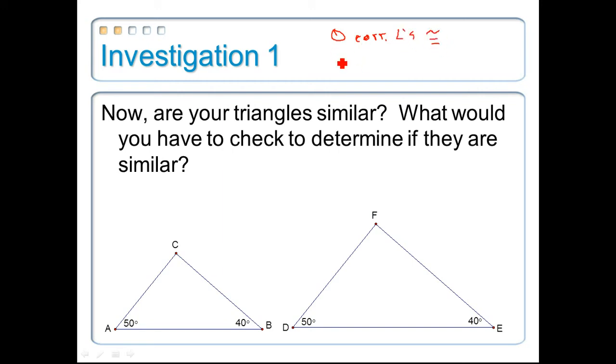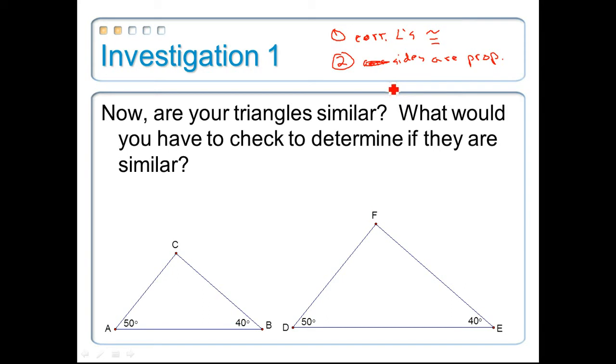Okay? The second condition is that corresponding, or let's just say sides, are proportional. Okay? Those are the two things we have to check to see. That's the only way we know how to say two shapes are similar.